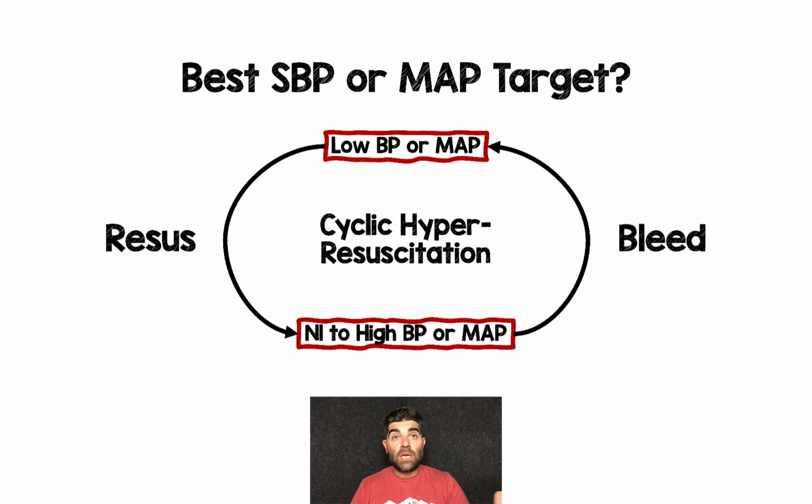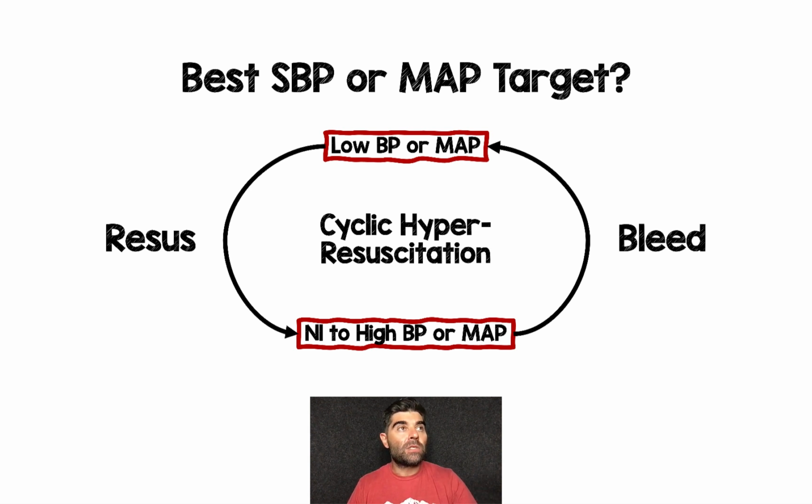So a patient comes in, they're in hemorrhagic shock from trauma, they have a low blood pressure or MAP. What do we do as good physicians and clinicians? We resuscitate the crap out of them, and we get their blood pressure normal and we get their MAP normal. Well, then what ends up happening is they start bleeding more, and then they get a low blood pressure or MAP, and then we have to re-resuscitate them. And so it becomes this futile cycle of over-perfusing them.